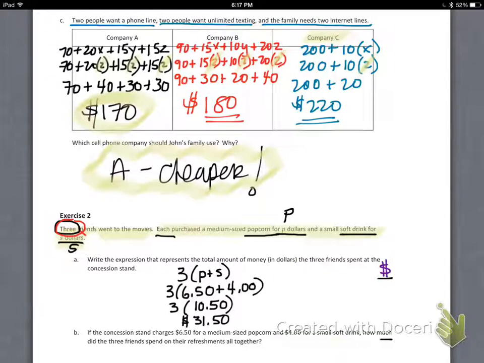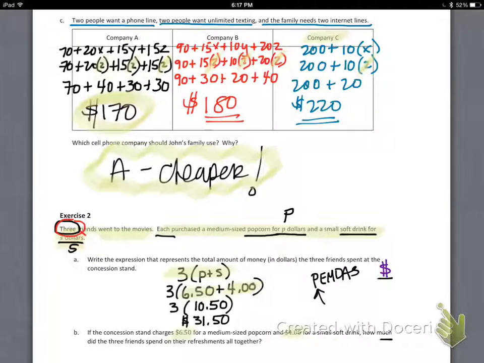Okay, so here's what I end up with. First starting with the expression that we created in part A, and then plugging in my $6.50, which was my P, popcorn dollars, then my $4 for my soft drink dollars, which was my S. Remembering the PEMDAS idea, I'm going to do the things in parentheses first. $6.50 plus $4 would be $10.50.